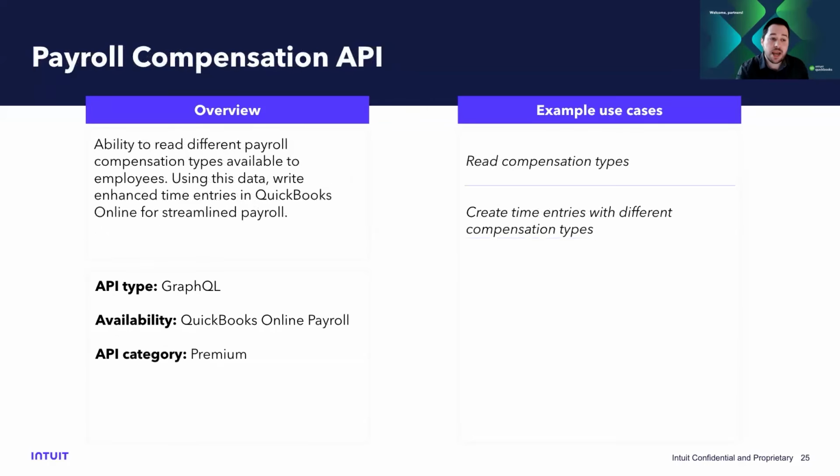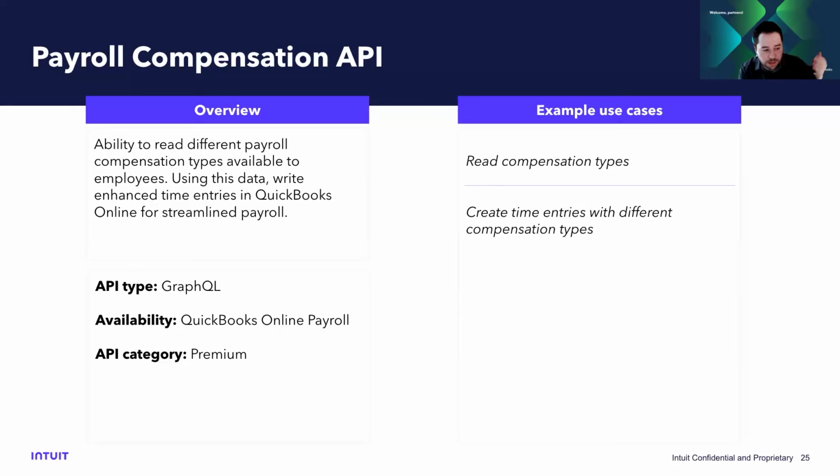And then finally, the payroll compensation API rounds out our fourth new API that we will be launching. Really, this is the ability to read different payroll compensation types, ones that are available to employees in the given payroll system. Using this data, you can then write enhanced time entries to QuickBooks Online for streamlined payroll.